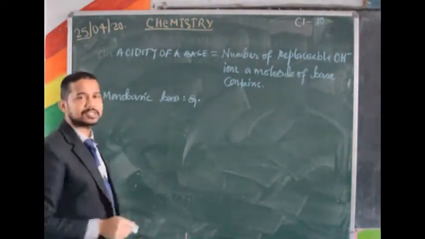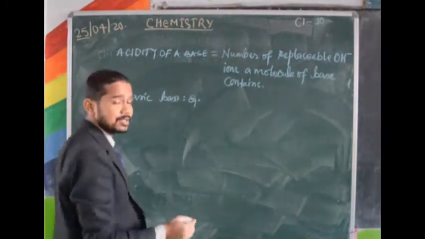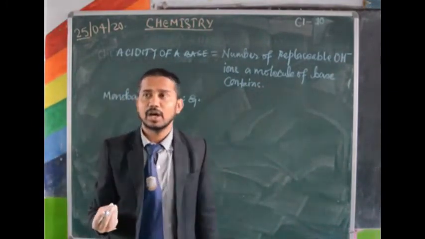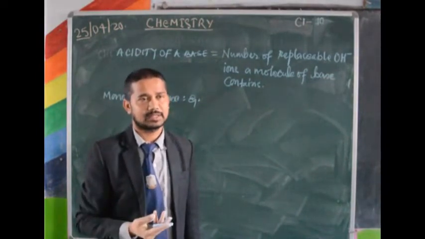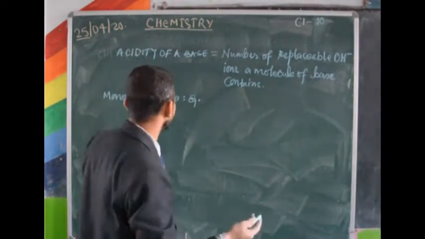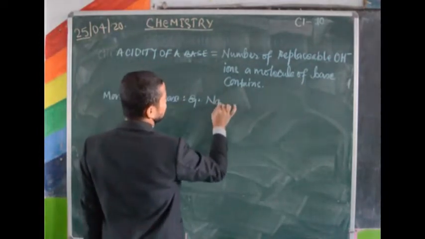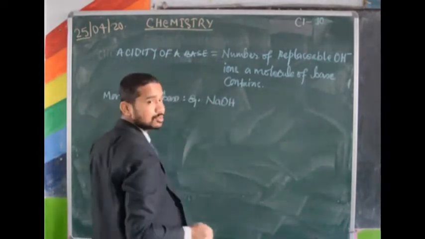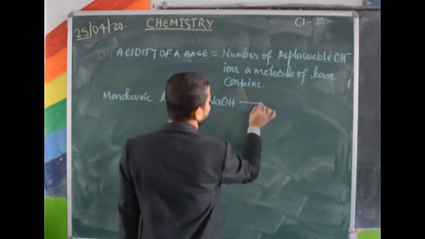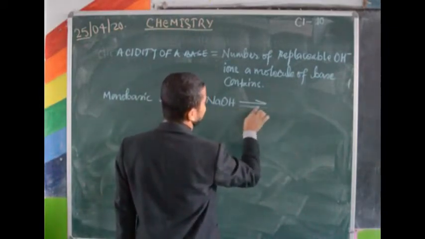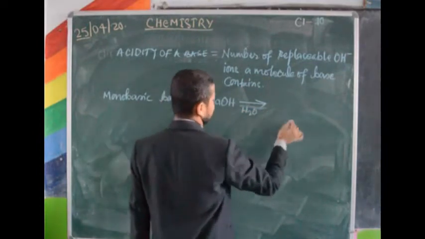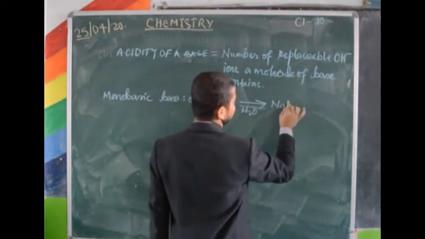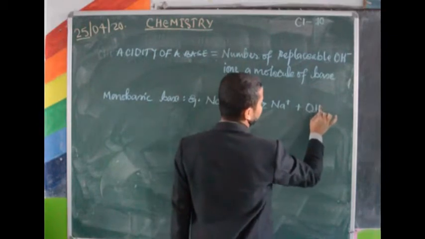For example, monoacidic base. A monoacidic base is a base whose one molecule, when dissolved in water, produces only one hydroxyl ion. For example, sodium hydroxide. Sodium hydroxide in water, aqueous, gives Na+ and OH-.